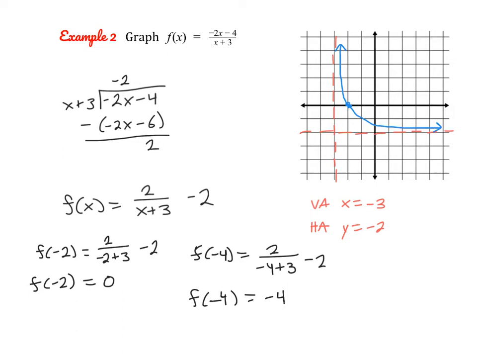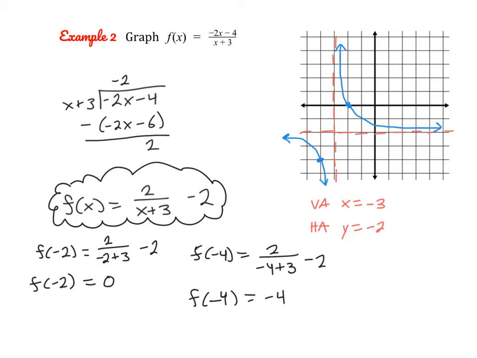So we have the point (negative 4, negative 4). And again, we know that our graph will follow along the asymptotes, something like this. So there is the graph of this equation, which again, we rewrote using long division.